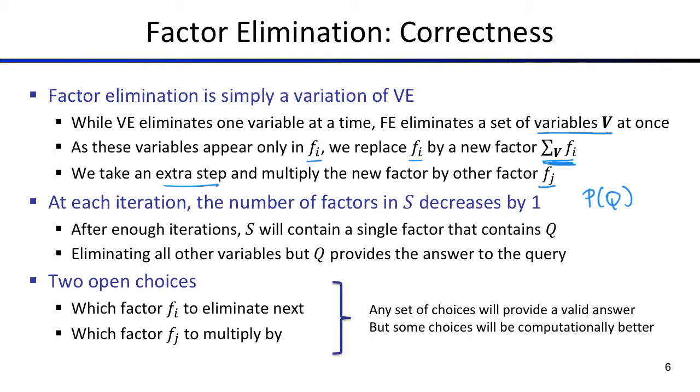So we can choose any factor to be the next one to be eliminated, and which factor we're going to multiply by, and this will not impact the final answer of the algorithm, but it will impact the complexity of the algorithm. So in a very similar way to the variable elimination, where the elimination order of the variables is important, in the factor elimination, the elimination order of the factors will also be important for the running time of the algorithm.